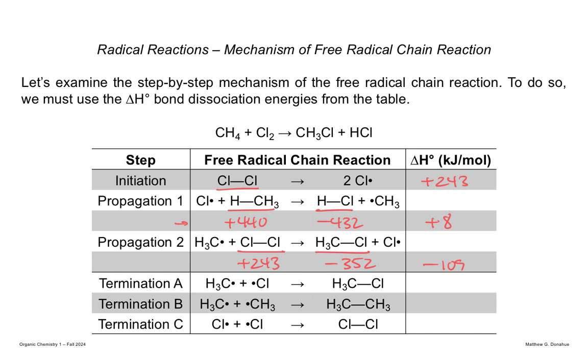So we're not going to worry about the termination steps just yet, but what I want to point out to you, what's important. Remember this propagating radical here, Cl dot, it's going back up into step 1. So overall for step 1, you have to have plus 8 kilojoules per mole of energy.